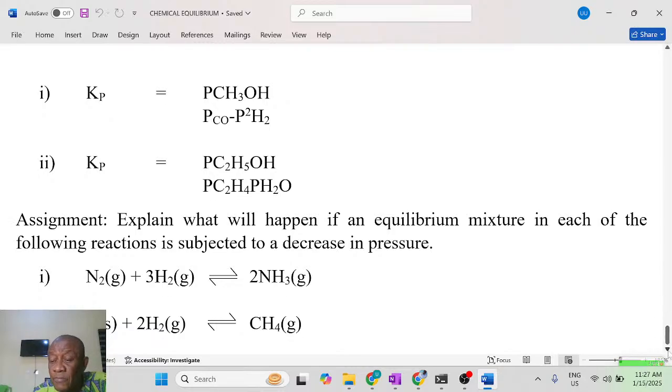Here we have four molecules of gas in the reactants and two molecules of gas in the product, and for the other one it is two molecules against one molecule. Let us look at the implication: we don't regard solids when they are reacting, because they don't exert adequate pressure at all.